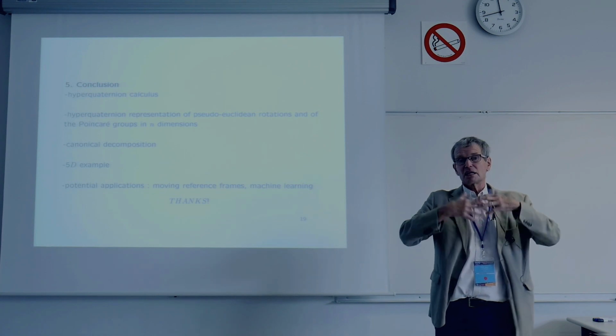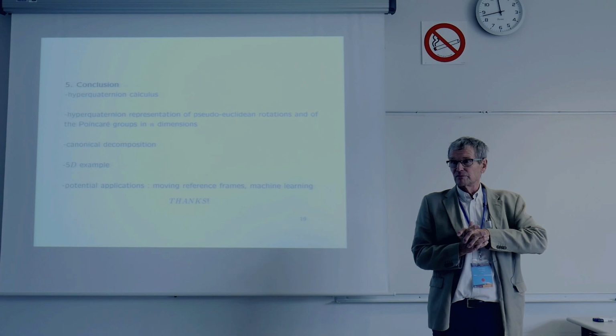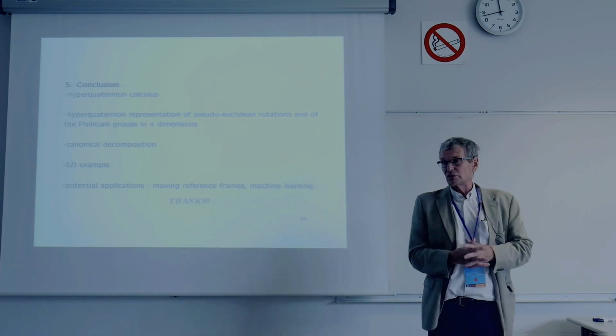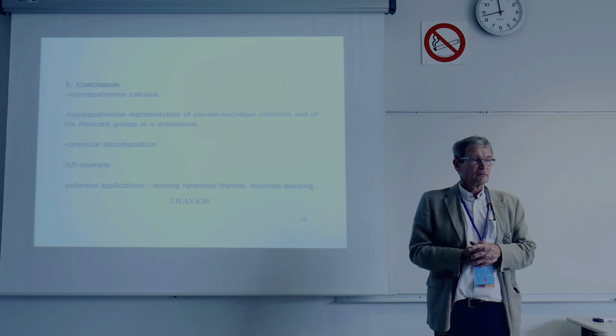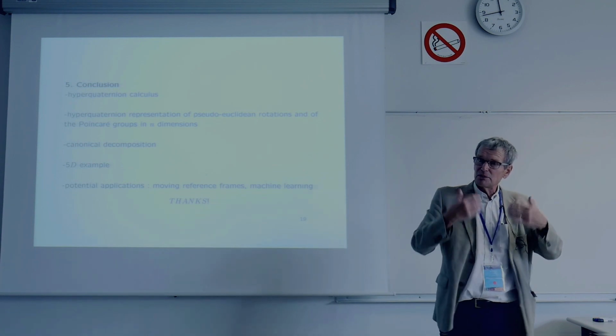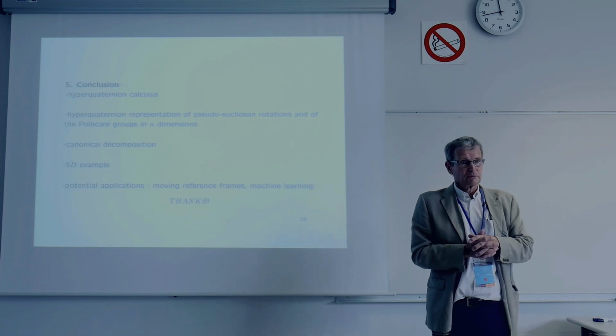So the idea is to apply this eventually to machine learning. And of course, we have all the moving reference frames, which are a huge application. So this is a new way of doing geometry with potential applications for machine learning and so on.